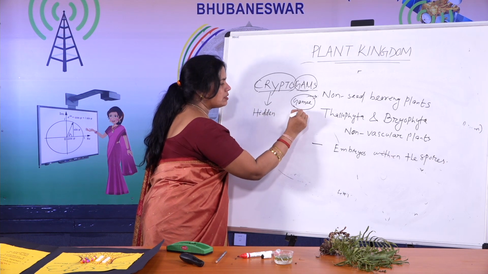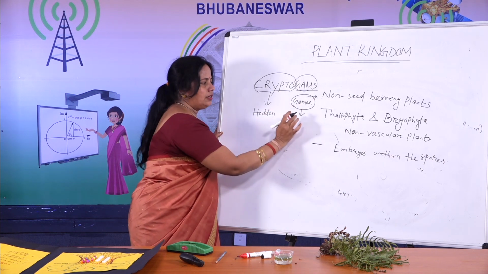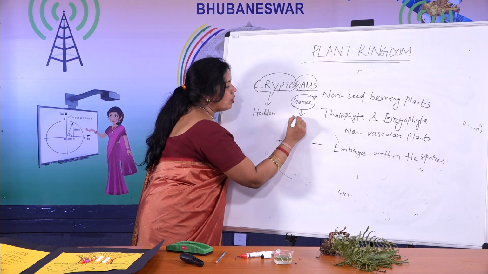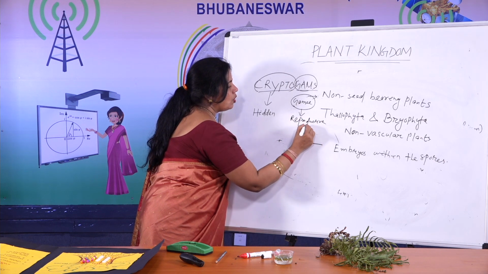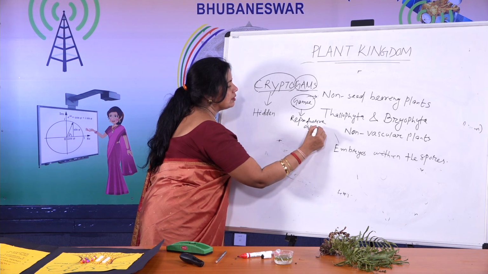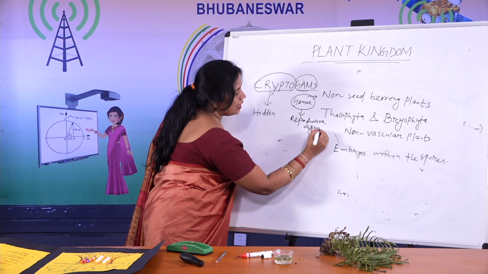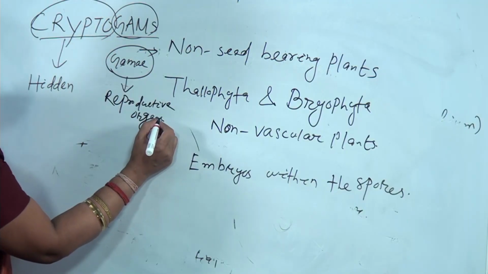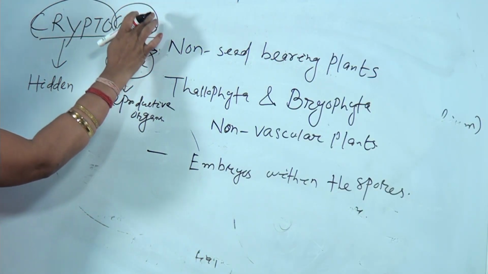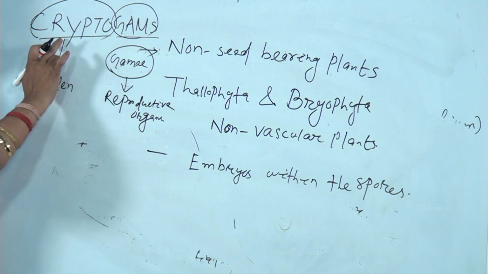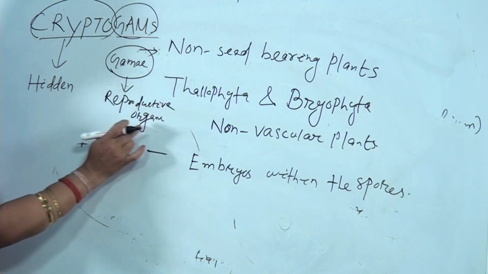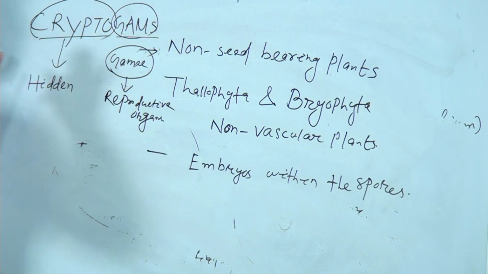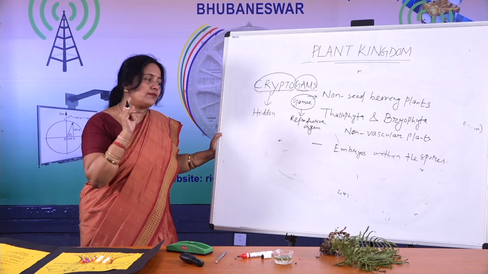So, what is the meaning here? Gamy means reproductive organs. Also it is called marriage. Another meaning is marriage. So, cryptogams is derived from two words. Crypto means hidden. Gams or gamy means reproductive organs. So, this group of plants has hidden reproductive organs.